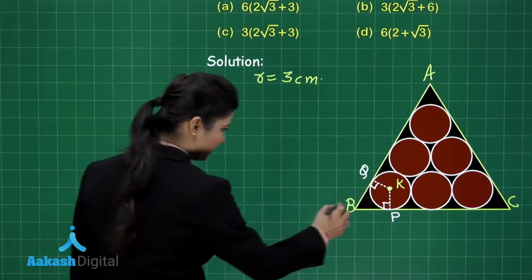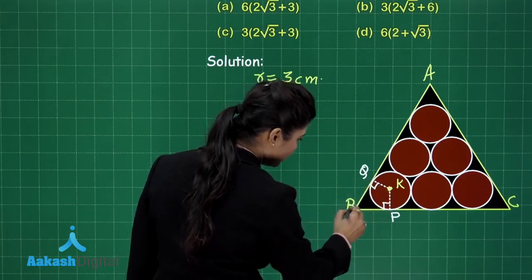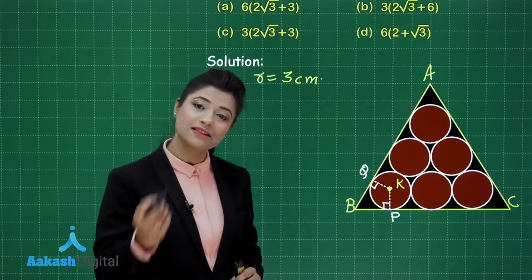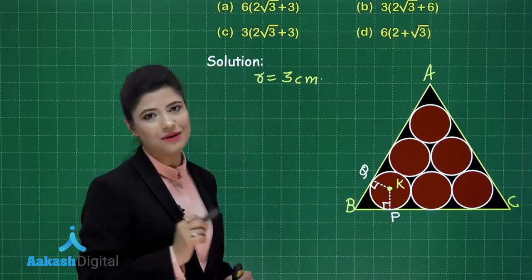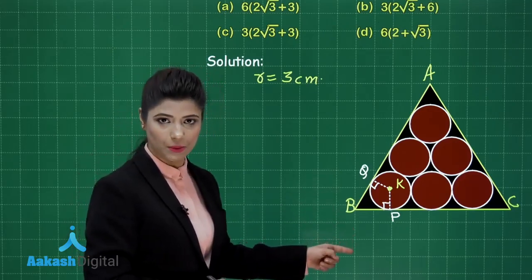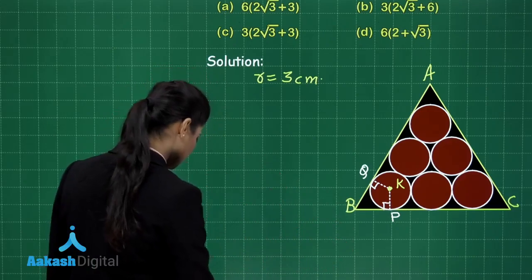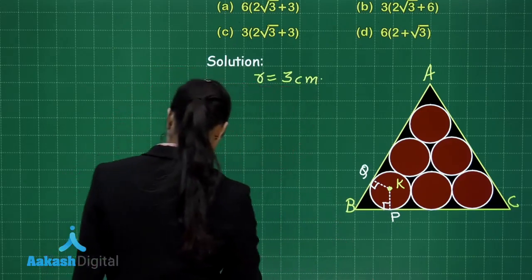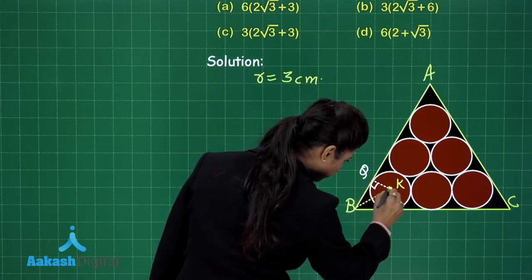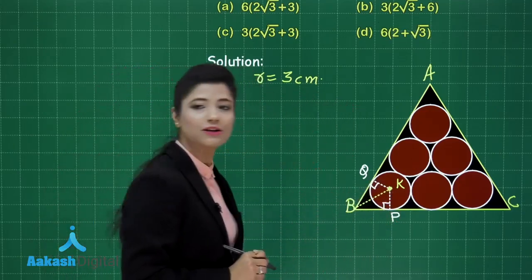So if it is perpendicular, you know that we have BQ and BP both acting as tangents to the circle, and when tangents are drawn to a circle from the same external point, then the lengths of the two tangents are equal. Not just that, these tangents BQ and BP will be equally inclined to the line joining the center of the circle.